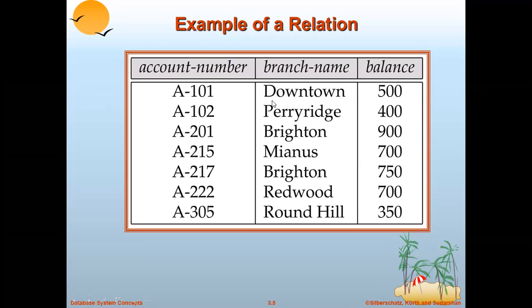Domain value is nothing but a permitted value of an attribute or relation. Balance will again have a number of domain values. And if we consider a tuple, account number A101, branch of account 101 is downtown, and balance is 500. So like this.